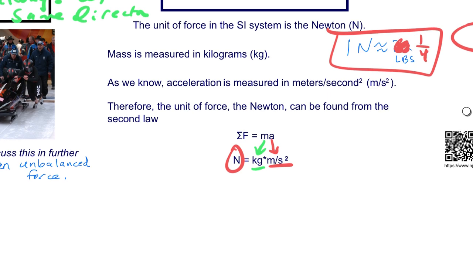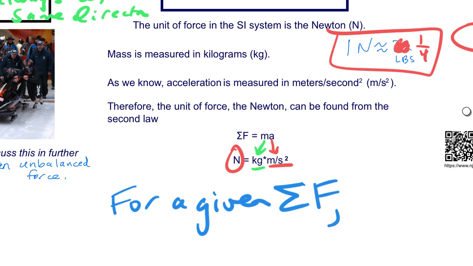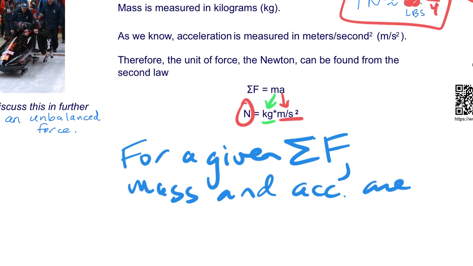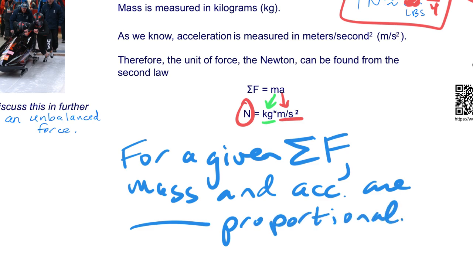Now, the way Newton expressed it was that for a given net force, mass and acceleration are what proportional? Inversely or directly? So, just think about it.